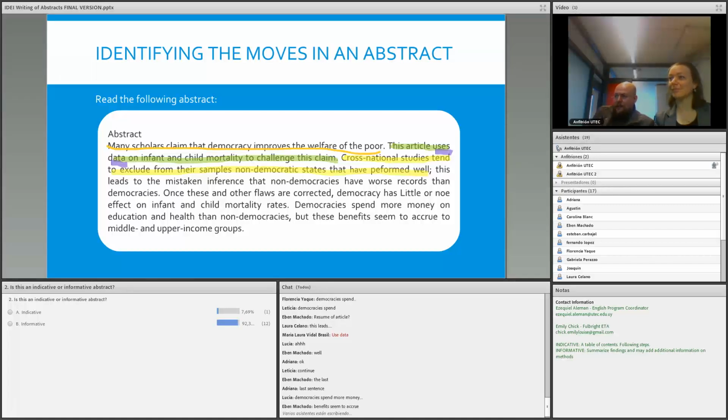Yeah, this sentence is correct. Democracies spend more money on education and health than non-democracies, but these benefits seem to accrue to middle and upper income groups.